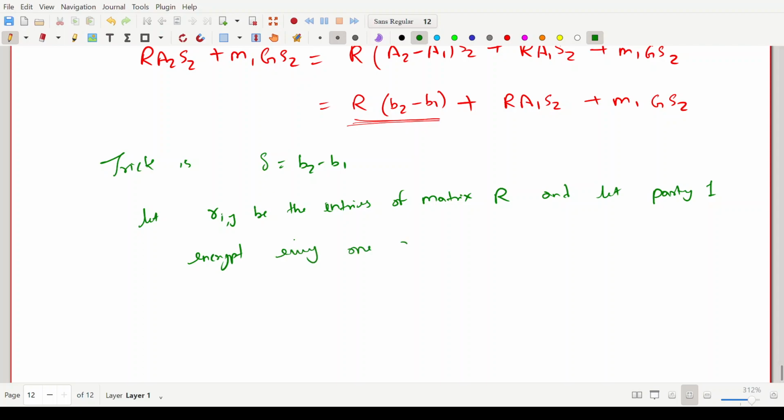Every element, this rij be the entries of R, and let the first party just encrypt every one of them with his b1.